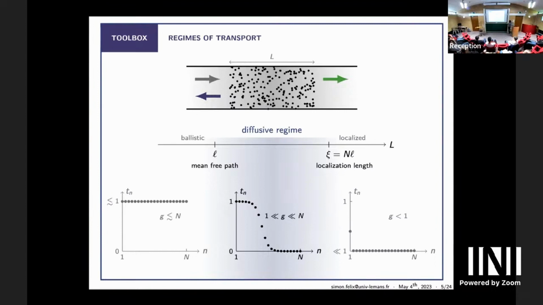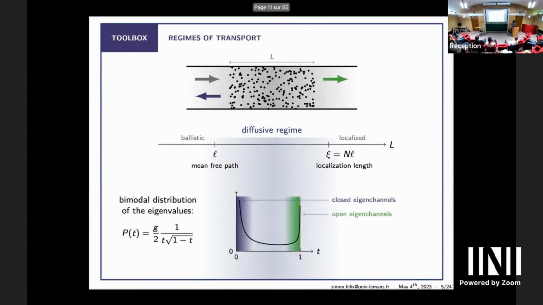And what we see in the diffusive regime is this characteristic form, where we have an accumulation of eigenvalues close to 1 and an accumulation of eigenvalues close to 0. If I plot this as a distribution, this is a known and well studied result, called the bimodal distribution of the eigenvalues, which follows this law, and where we see this accumulation close to 0 or close to 1.